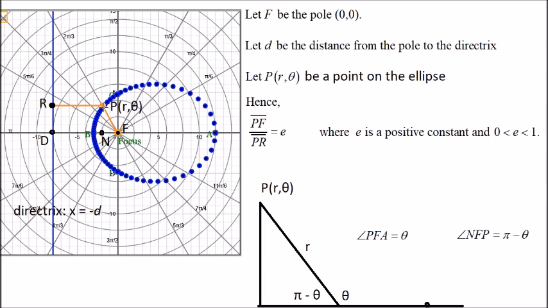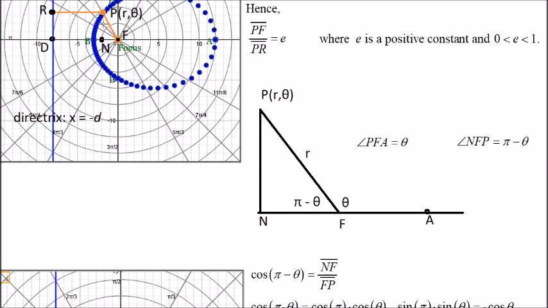This polar point is (r, theta). Therefore, the angle from here to here will be theta. The distance from here to here will be r. And now look at the right triangle PNF. This angle is theta, therefore this angle will be 180 degrees minus theta, or pi minus theta.